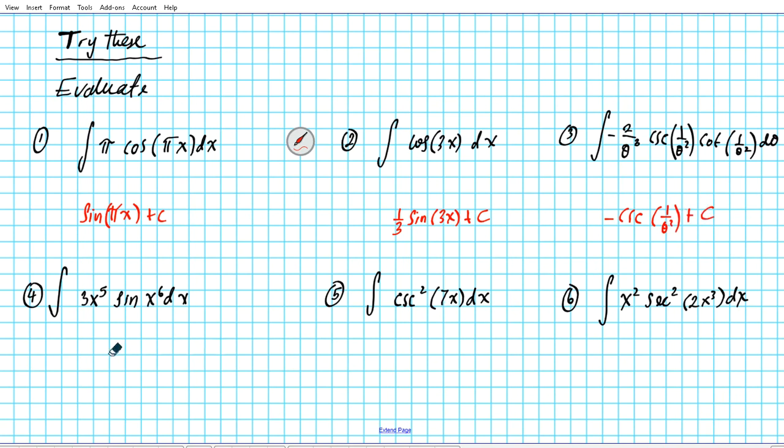Number 4, the answer is negative 1/2 cosine of x to the 6th plus c. Number 5, the answer is negative 1 over 7 cotangent of 7x plus c. And last but not the least, number 6, the answer is 1 over 6 tan 2x to the 3rd plus c.